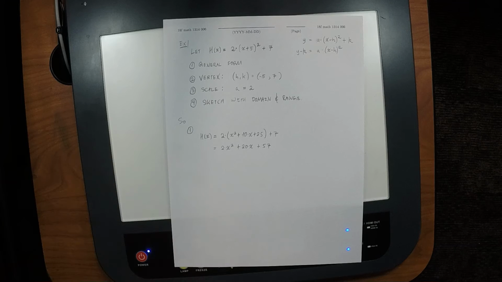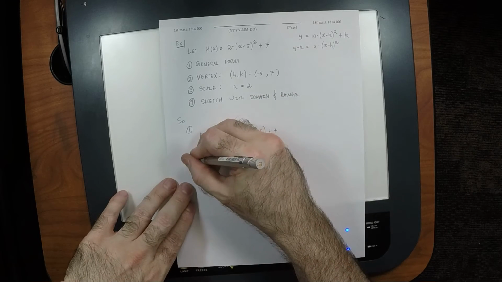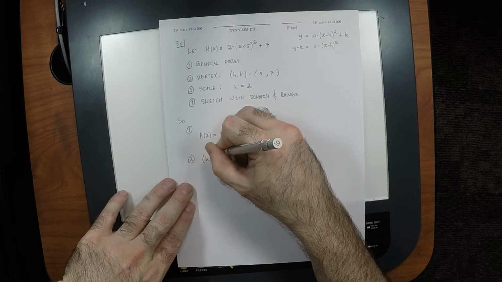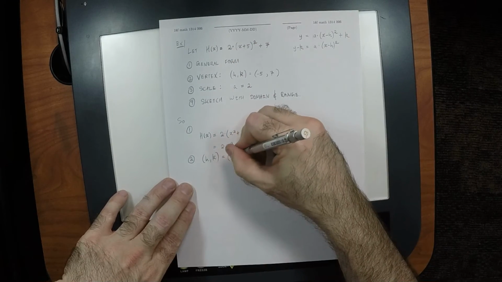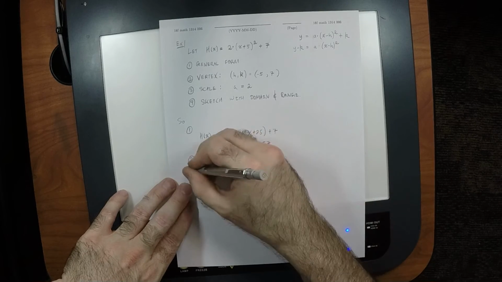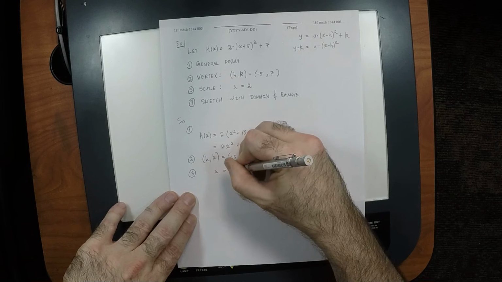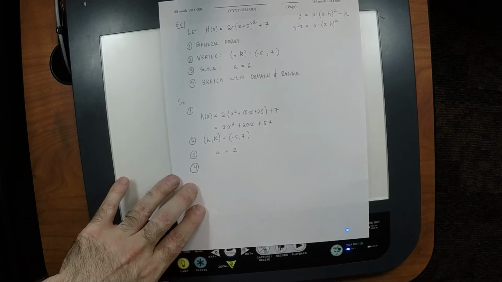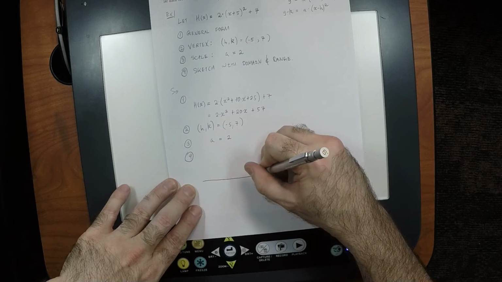All right. And then we answered 2 and 3. So, 2: h, k is -5, 7. 3, we said that the scale was 2. And then 4, now we want to make a sketch and include the domain and range. Okay.